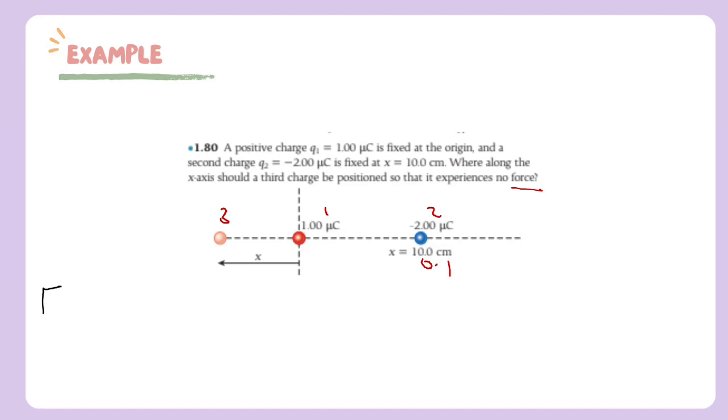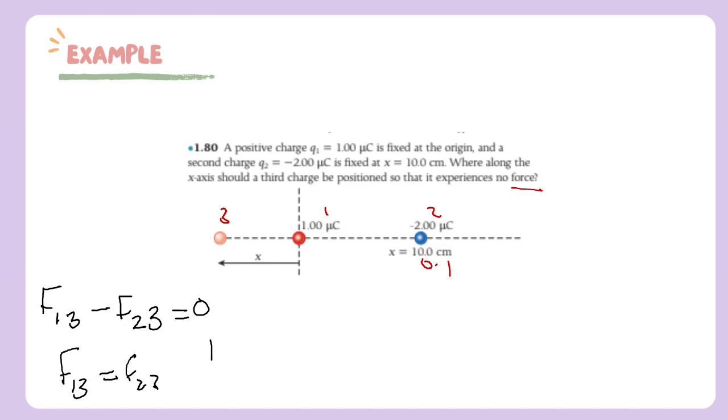So we can say that the force of 1 on 3 minus the force of 2 on 3 should equal 0, because we want the third charge to be positioned so no force acts on it. That is to say that the force of 1 on 3 should equal the force of 2 on 3.